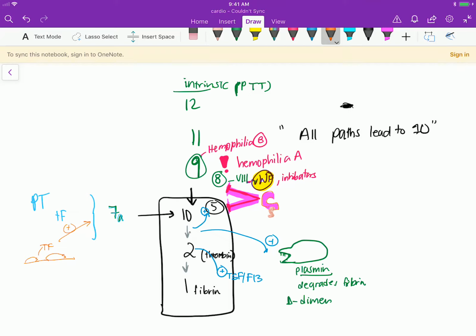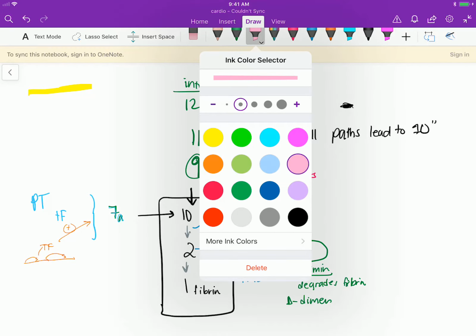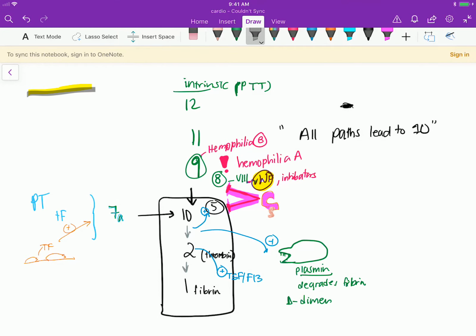Remember that vitamin K dependent factors are factors 2. So let's put vitamin K maybe with a different color. Let's maybe make it gray. Okay, so these guys are vitamin K dependent.